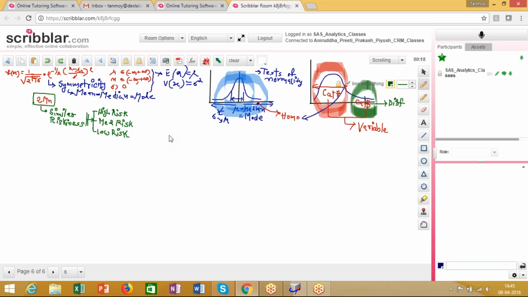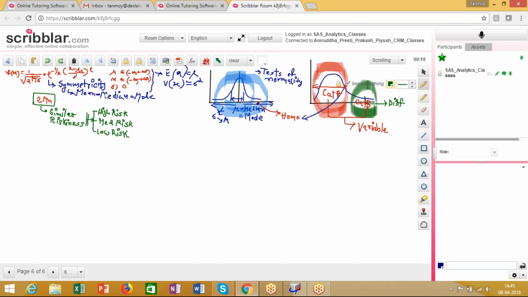Now the question that comes out over here is, among the high, medium, and low, how do I differentiate between these three groups of riskiness? How do I distinguish them?